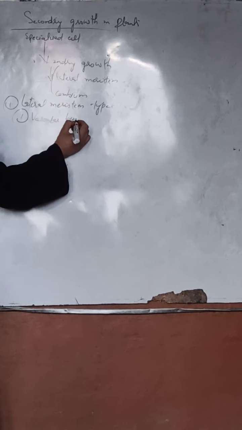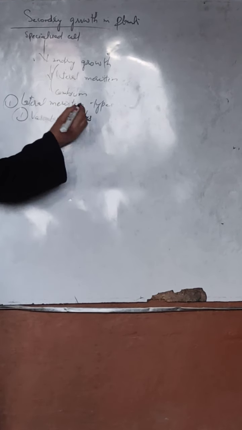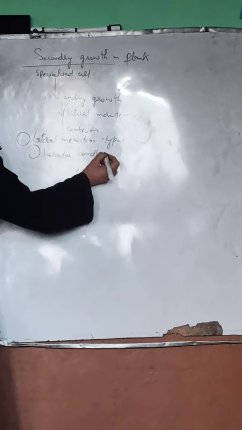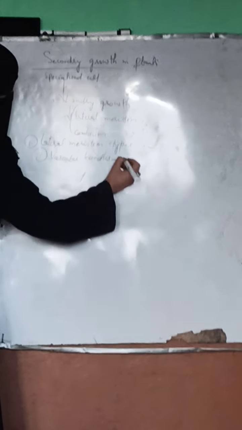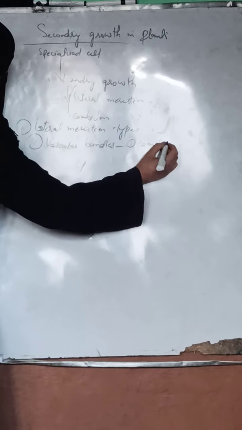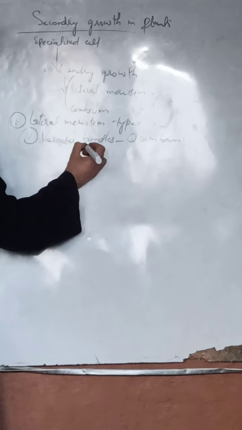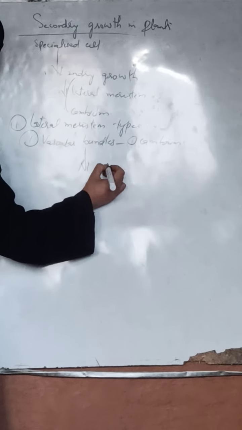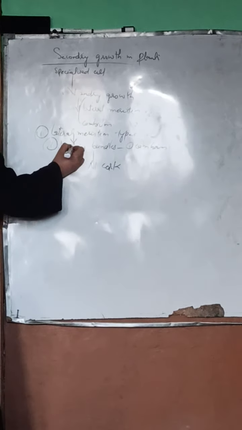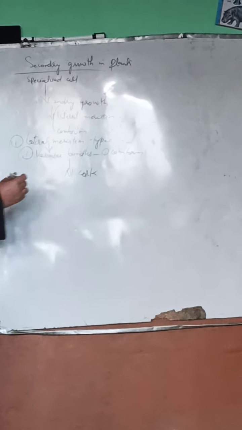And in case of vascular bundles, first one is cambium and another type is cork cambium. So these two are the types of lateral meristem.